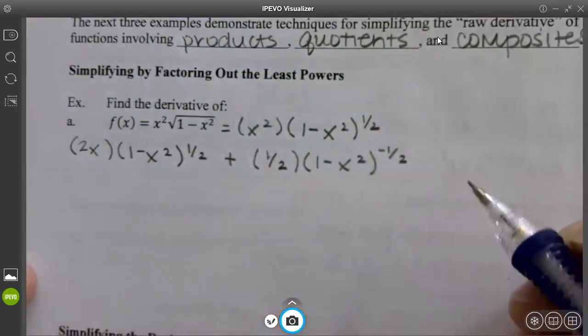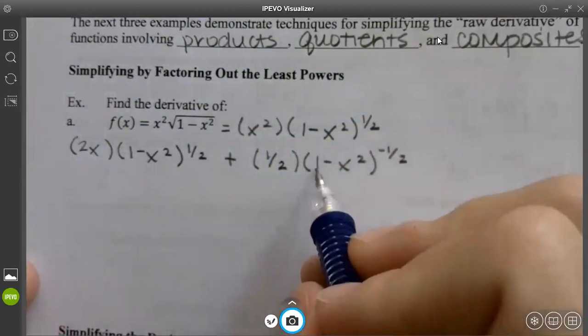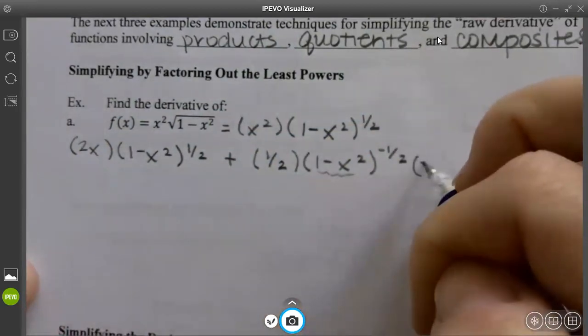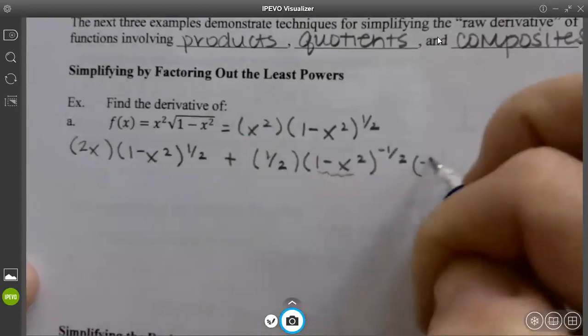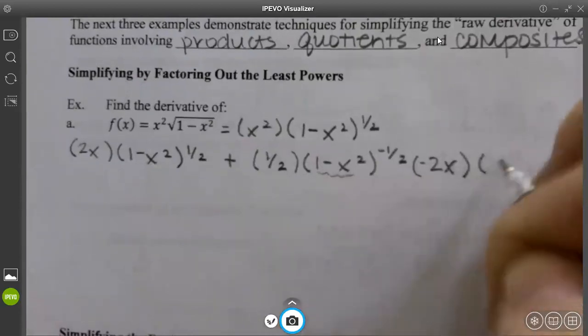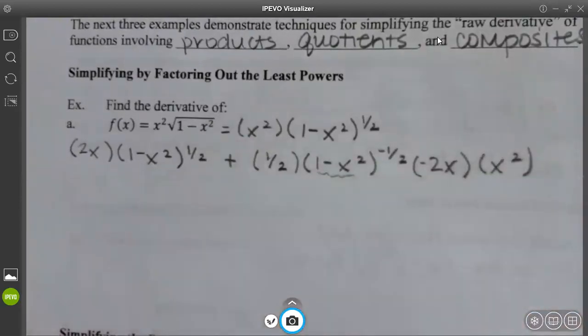Don't forget to times the derivative of the inside. So what's the derivative of 1 minus x squared? -2x. And then the last step, don't forget, times the first. When I do the product rule, that's always the one I forget. I get the derivative of the big chain rule, and then I forget to put the first function.